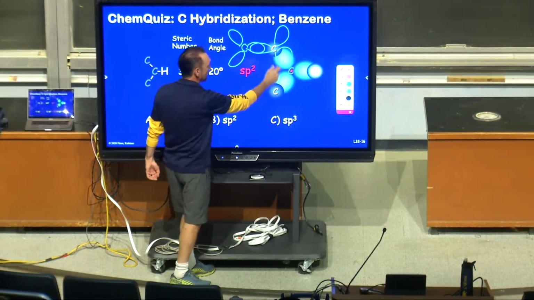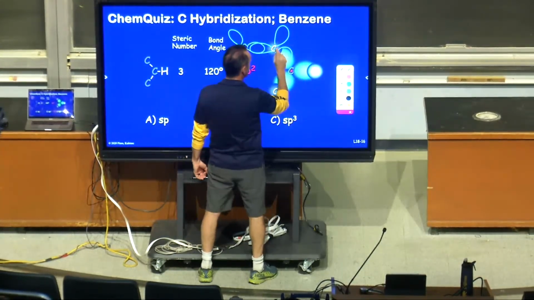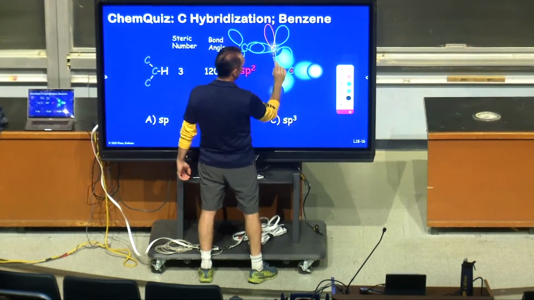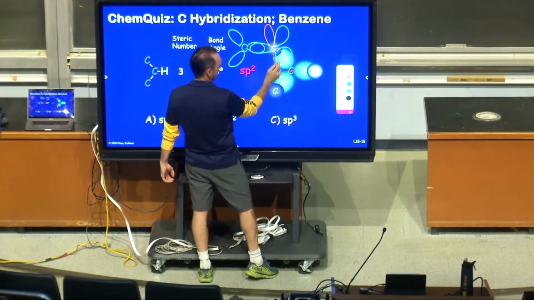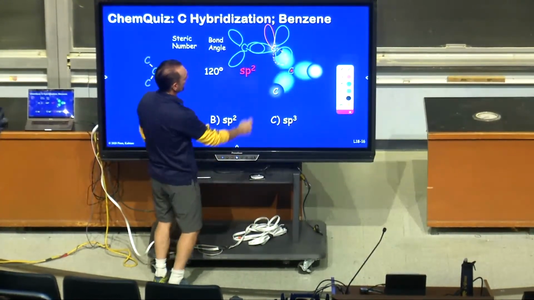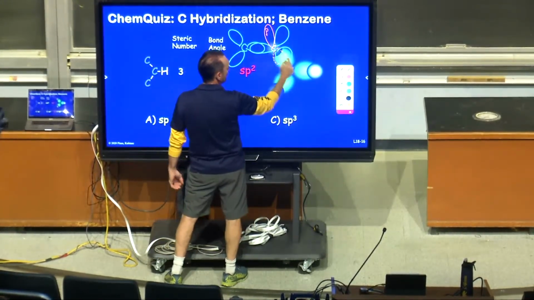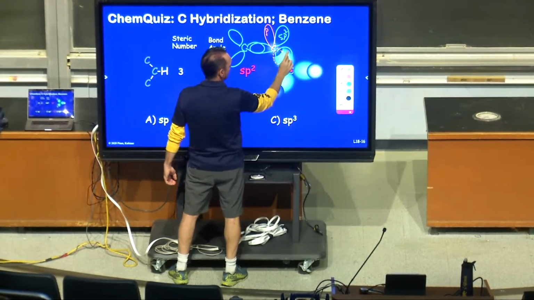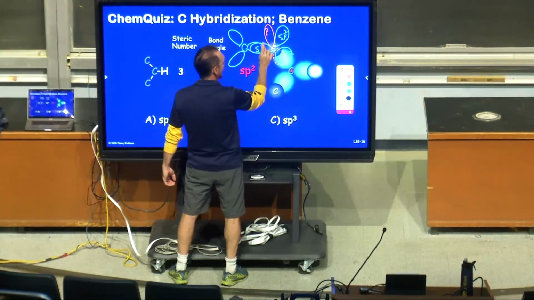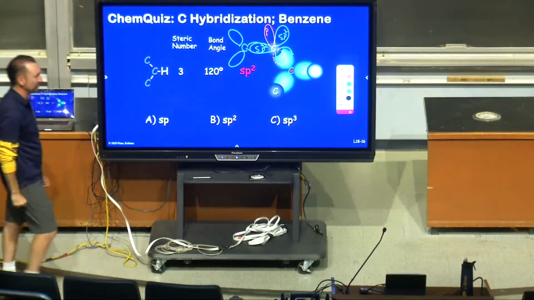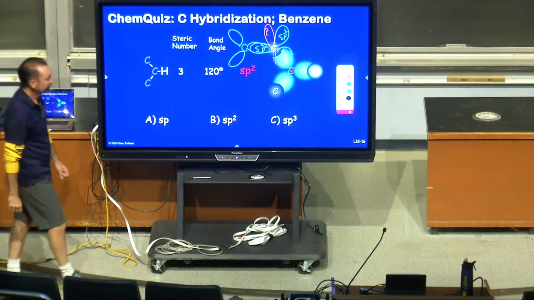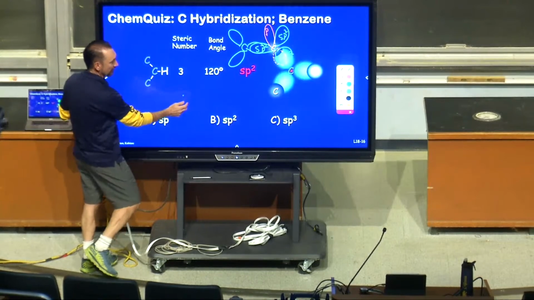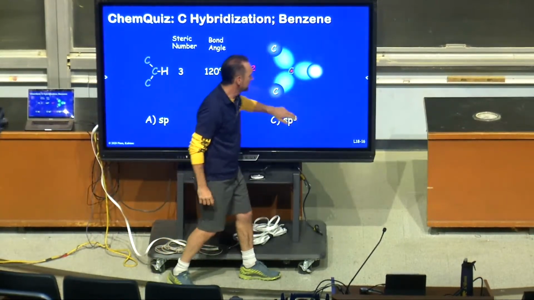And all of them have an extra unused p orbital that's coming out of the plane and then back behind the plane where you can't see it. There's this extra p unused, and there are the sp2s that came from the s and the other 2 atomic p orbitals. Okay? That's the description of the bonding in benzene.